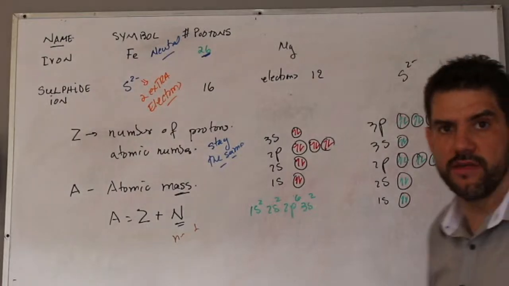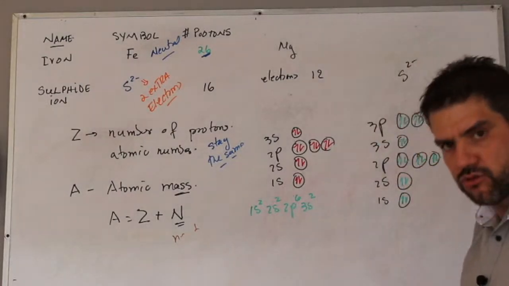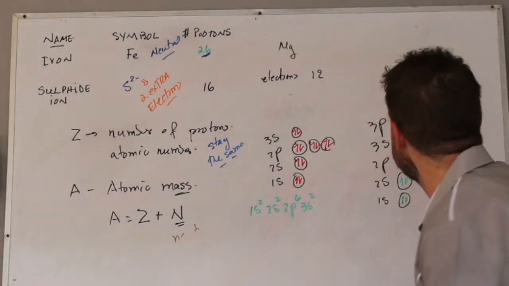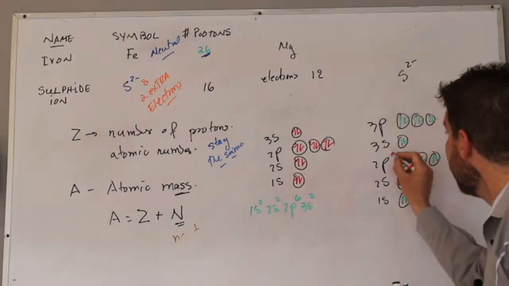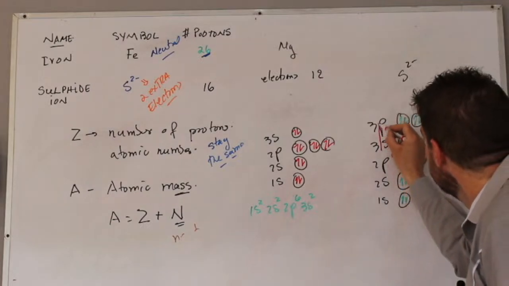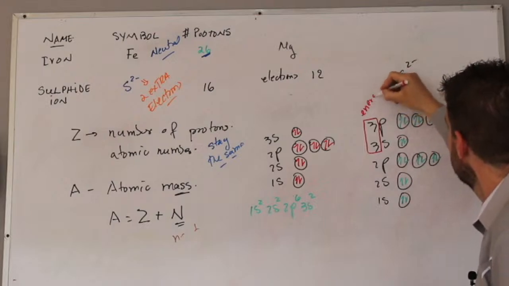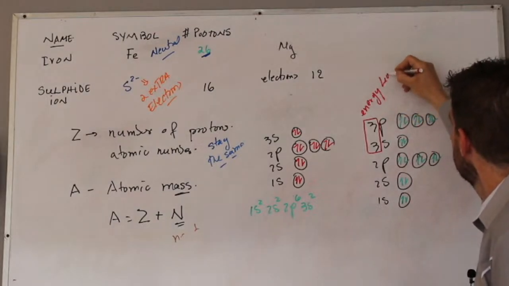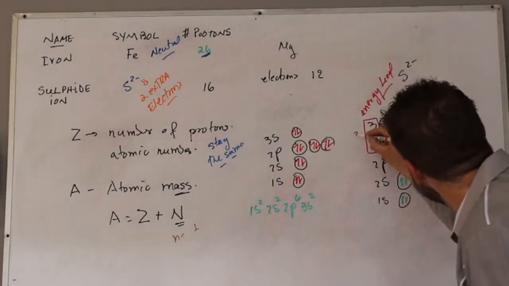Now they ask you for the valence electrons for sulfide ions. The valence electron is the number of electrons in the last energy level. The last energy level is energy level 3. This is the energy level. That is the energy level. This one is energy level 3.